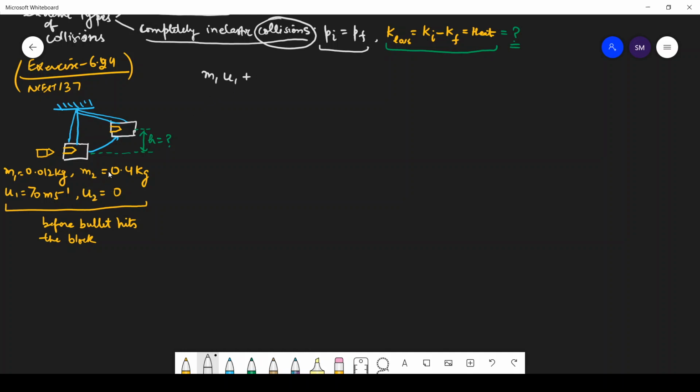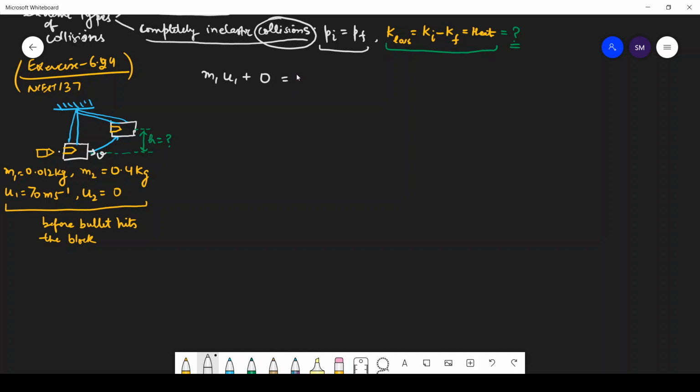Because u2 is 0, m2u2 is 0. And what is the final? I am talking about the point just after hitting, just after the collision. Obviously both of them are now moving with the same velocity.